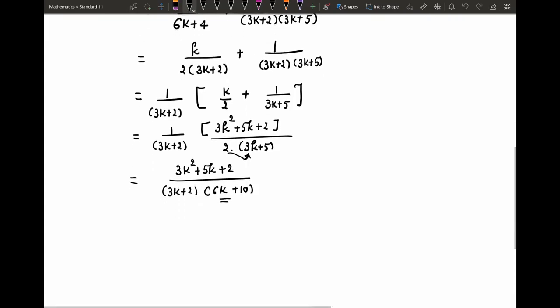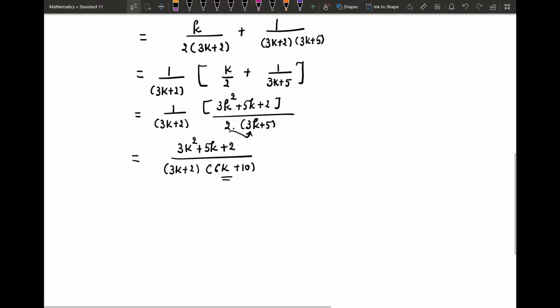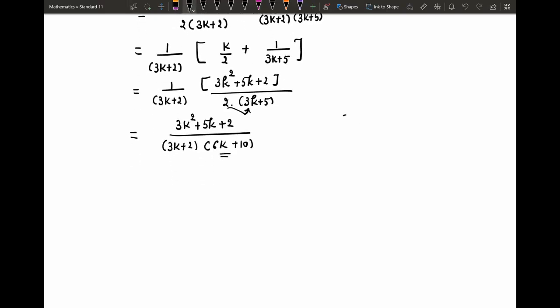So now numerator it is quadratic equation, so let us factorize this thing. So 3k square plus 5k plus 2, it's a quadratic equation.